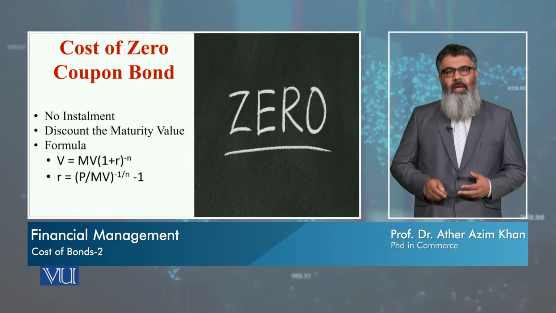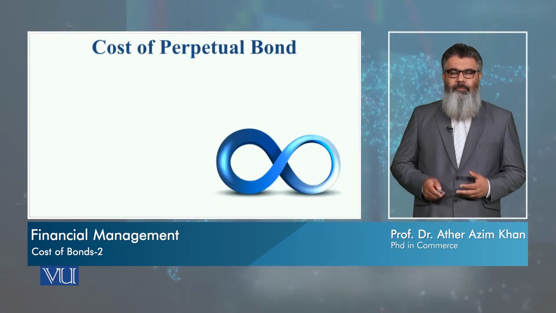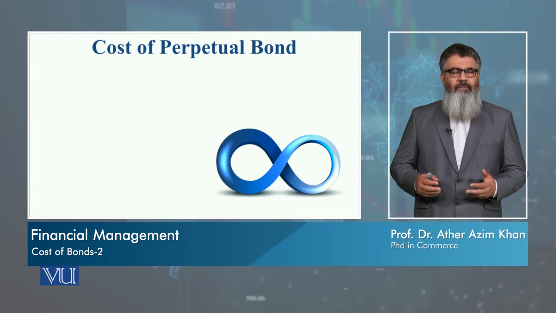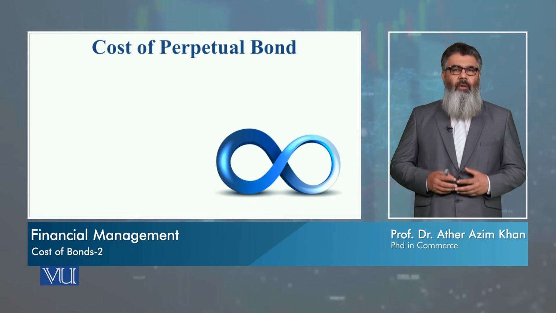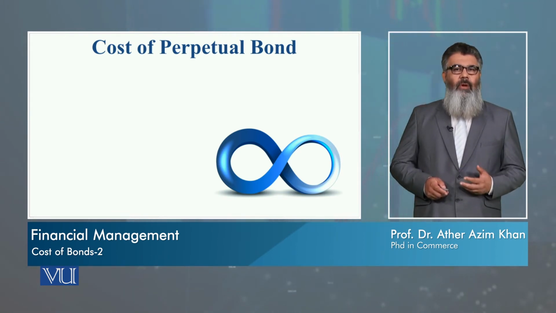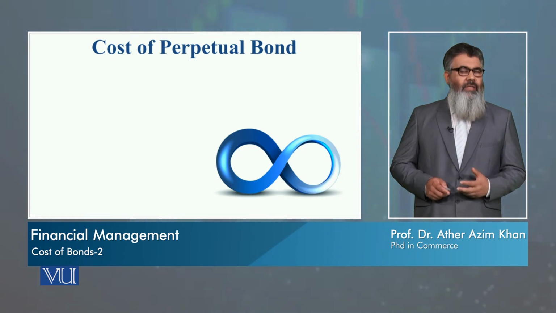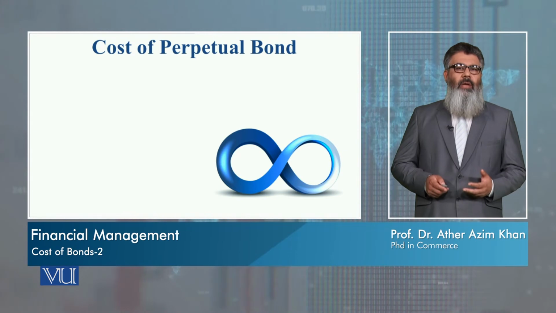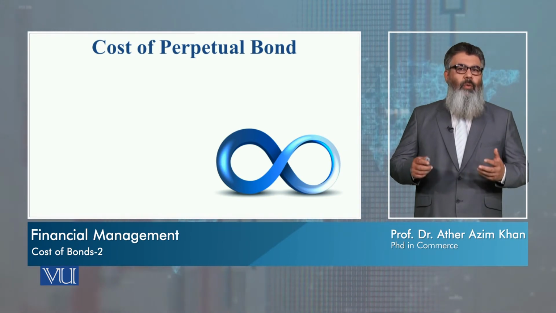Now let's have a look at the cost of the bond which is issued for an infinite period of time. No maturity, or we call it a perpetual bond. The cost of a perpetual bond is calculated just by considering the interest. क्योंकि perpetual bond वो bond है कि जिसकी कभी maturity होती ही नहीं है.